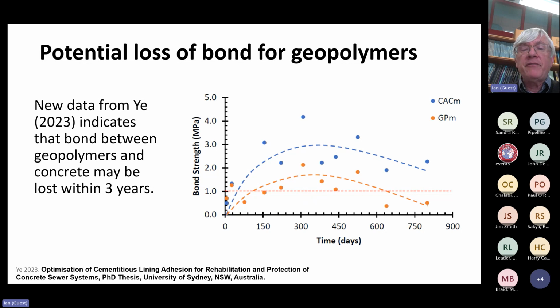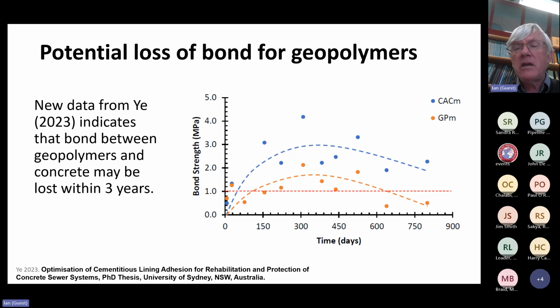Finally, I wanted to just briefly mention that there's some recent test data, actually from a PhD at the University of Sydney in Australia, where they looked at bond, and they tested the effectiveness of bond between reinforced concrete and different sorts of mortars and geopolymer sprays.